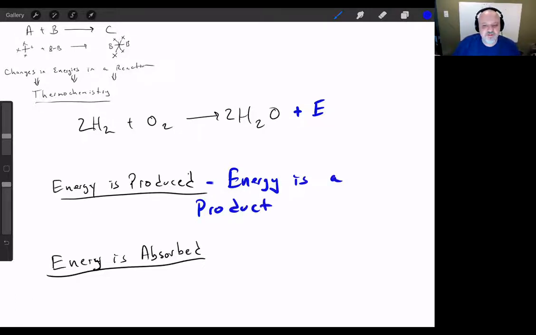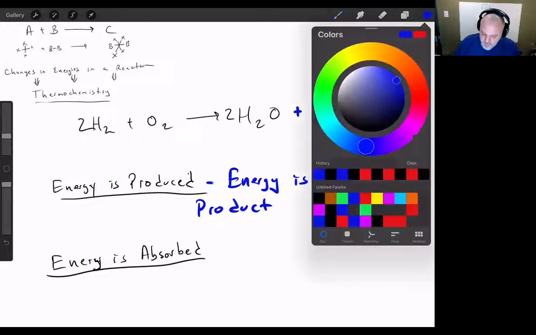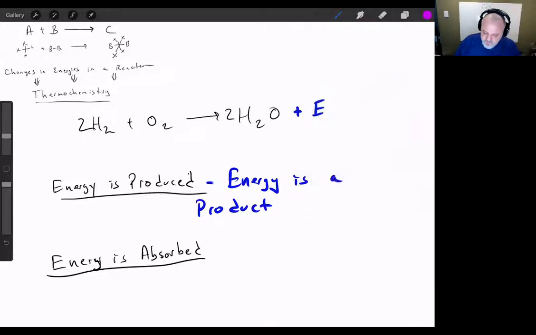Energy is a product here. And there's a vocabulary word: we say that this reaction would be exothermic. So what does exothermic mean? It means that energy is produced during the course of a reaction. That means that energy is a product.